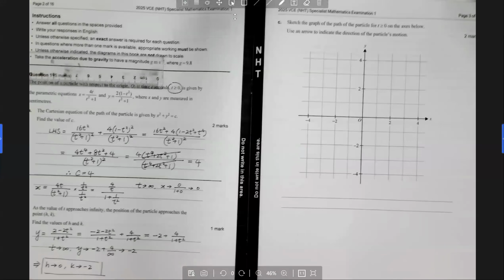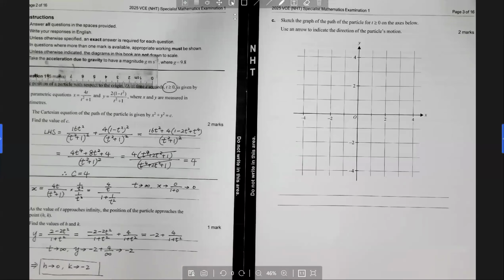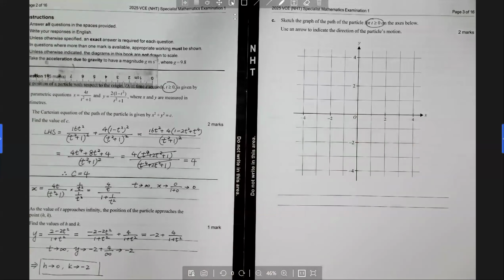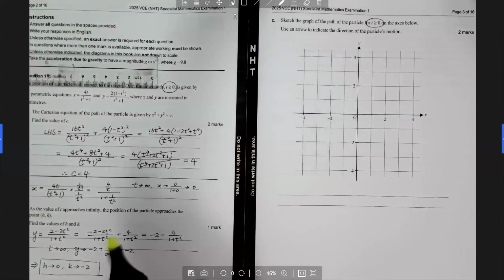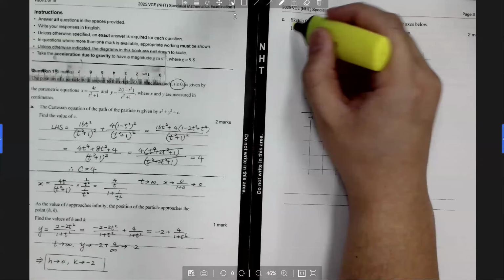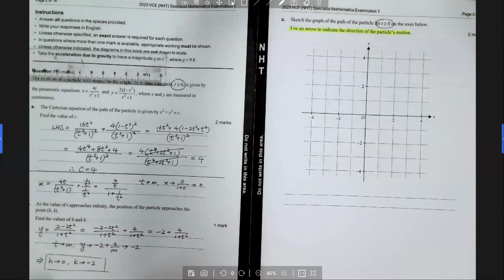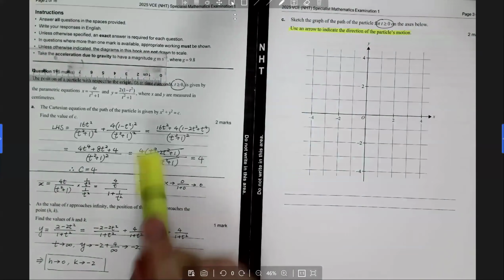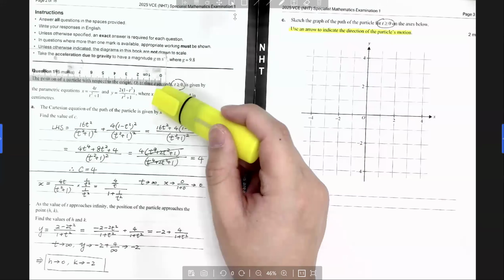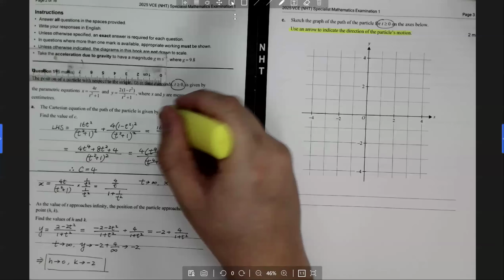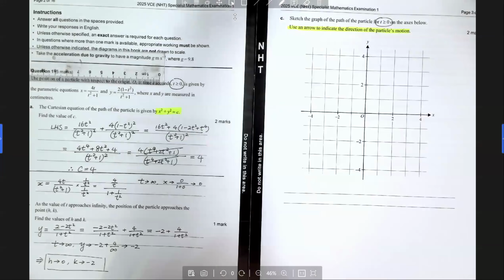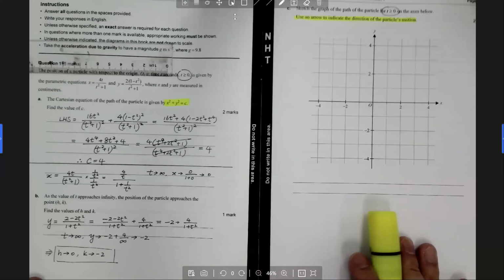Before I attempt the next part, sketch the graph of the path of the particle for t greater than or equal to 0. I actually need to analyze the possible values of x and y, because it might not be a full circle, because you can see the equation here is x squared plus y squared equals c, but according to the possible values of x and y, we might not get a full circle.